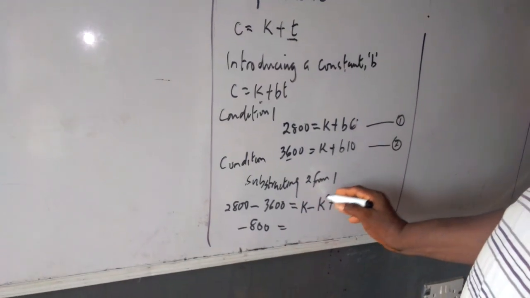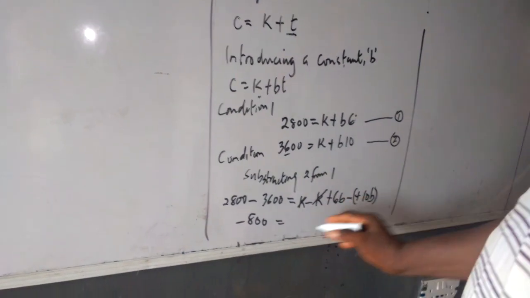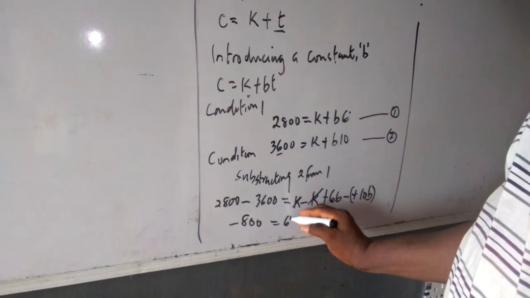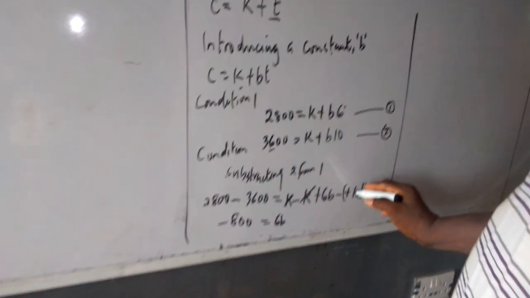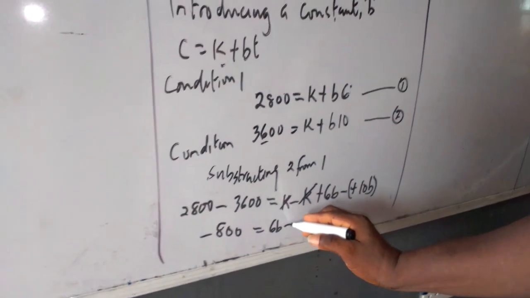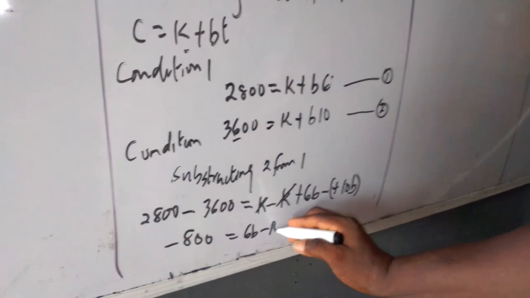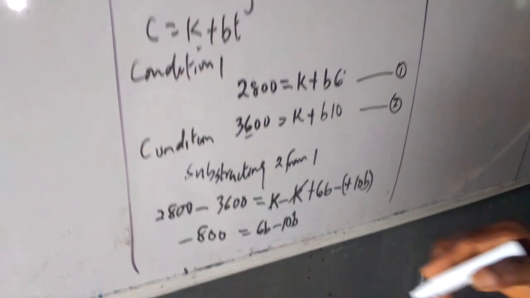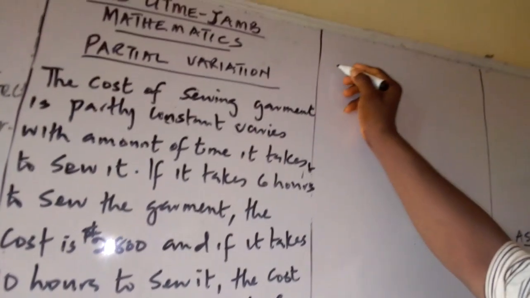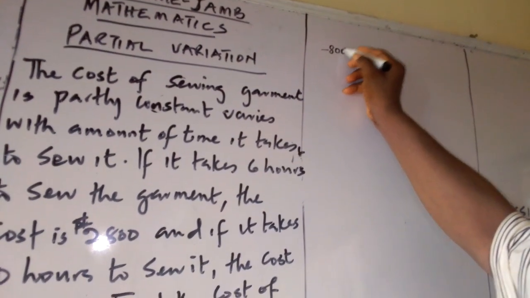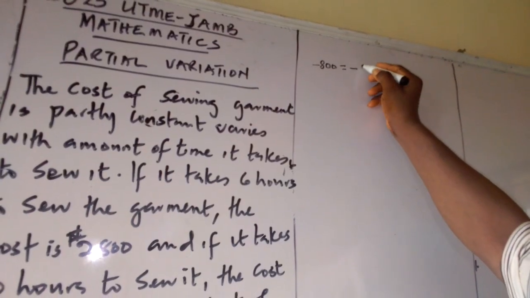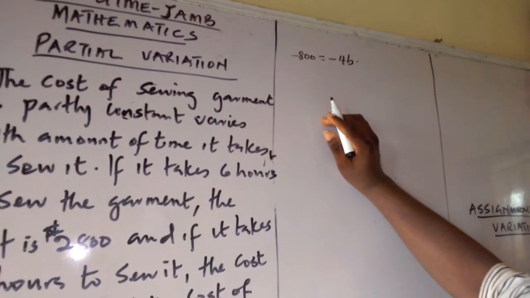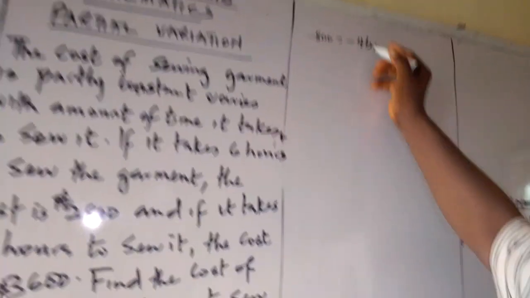K minus K, we cancel out K. So I have 6B minus 10B, and I'll be having minus 800 equals to minus 4B. Let's look for B. What do I do?